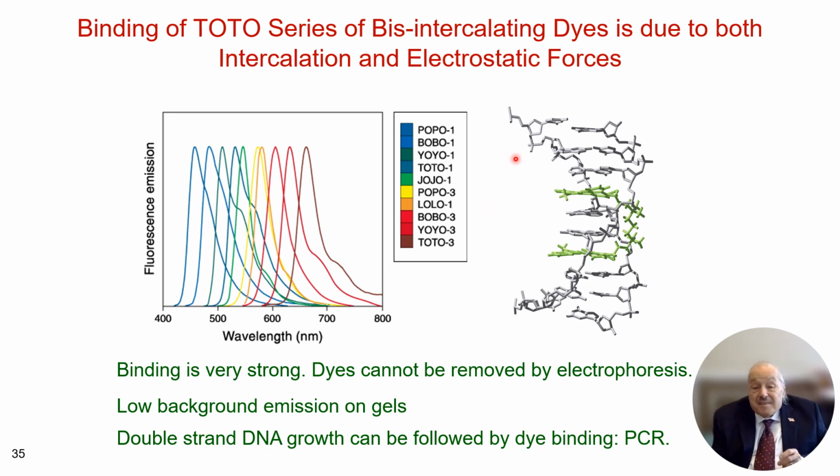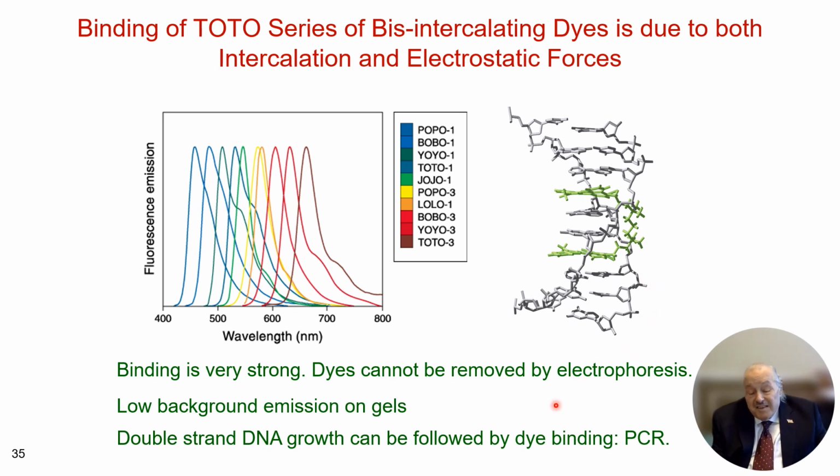But these dyes are wonderful for doing many types of DNA experiments, because they bind very strongly by two mechanisms. They bind by intercalation, and the binding by intercalation gives a rigid environment for the fluorophore, so it becomes brighter when it's bound by intercalation. And then it has a positively charged linker between them, which binds to the phosphates.